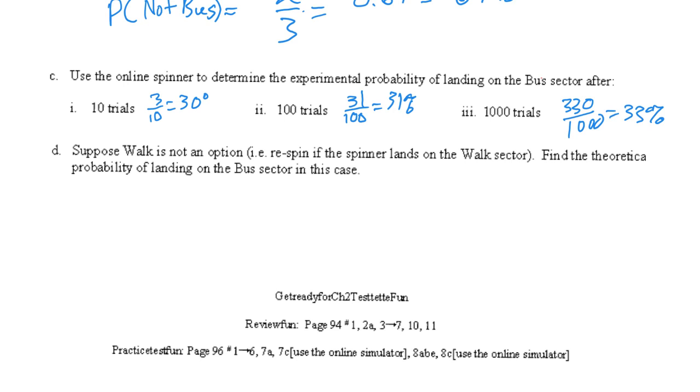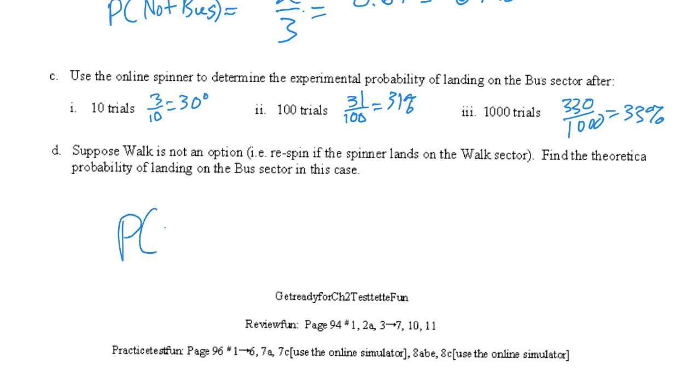Find the theoretical probability of the bus sector in this case. So imagine that walk is not the option. I'll just tell you the answer right now, and then you can try to figure it out.